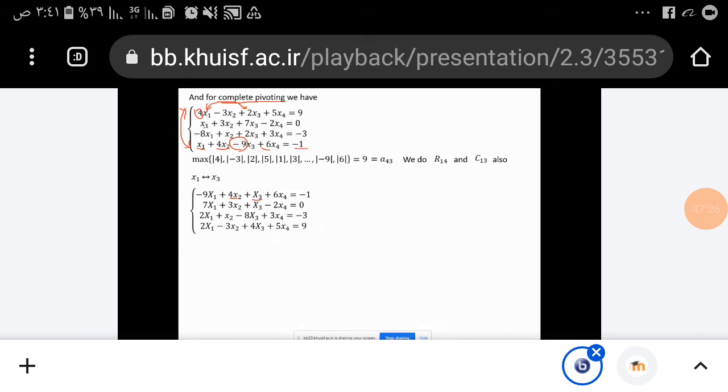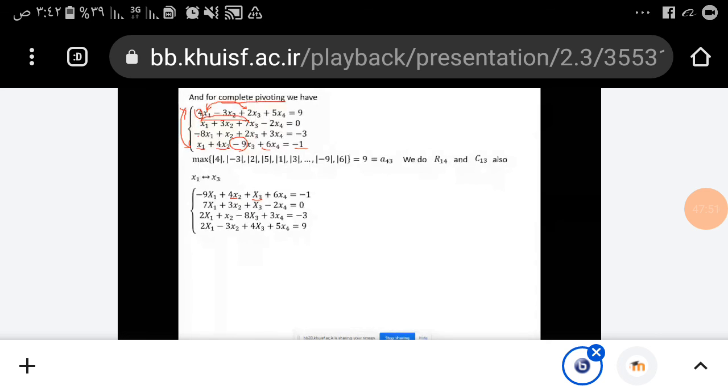The second row is not a problem, just these are commuted: 7 x1 big plus 3 x2 plus x1, that is, changed to x3 big, minus 2 x4 is equal to 0.